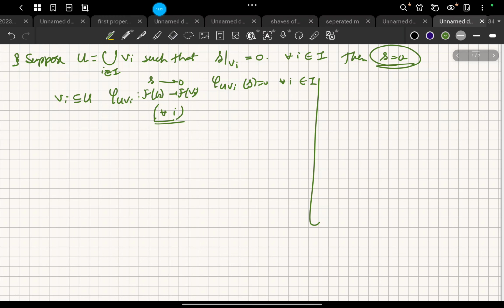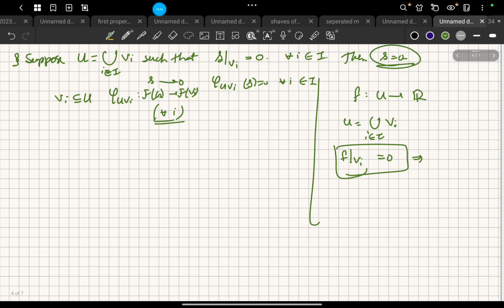For example, suppose we have a function f from U to R, and U can be written as the union over small i belonging to capital I of Vi, such that f restricted to Vi is the 0 map. That means if we restrict f to every Vi, it is 0.